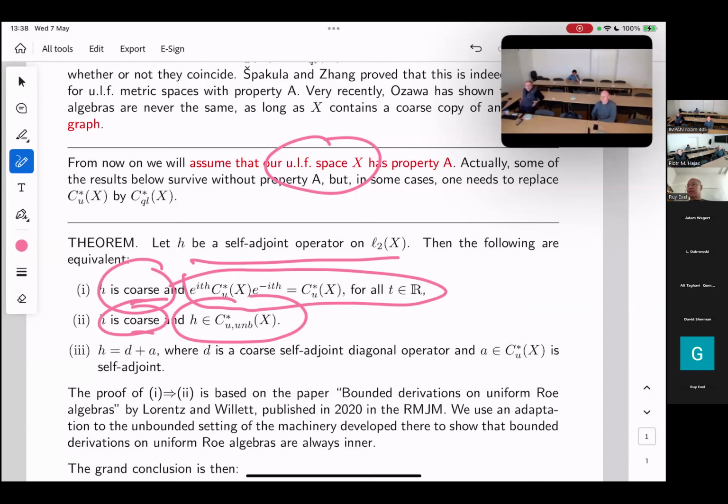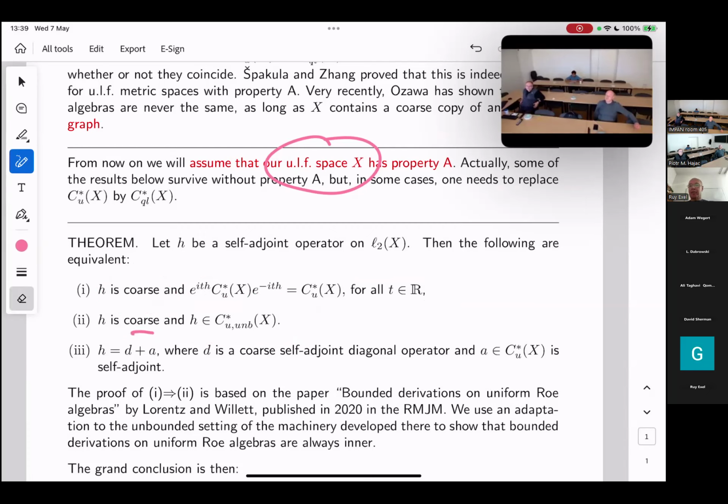So as we have already anticipated when we discussed diagonal operators morally belonging to the uniform algebra, that's the only obstruction. So in the coarse realm, question A is answered affirmatively exactly when the operator is in the unbounded part of our algebra.